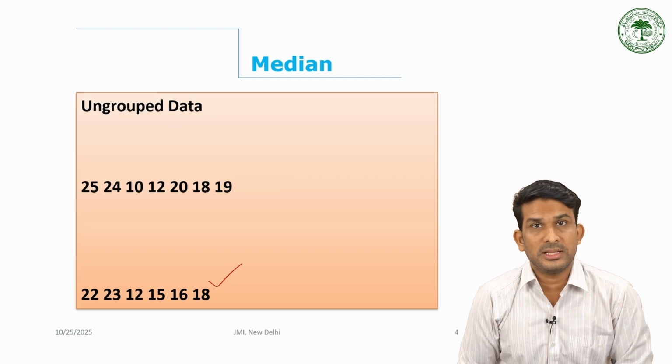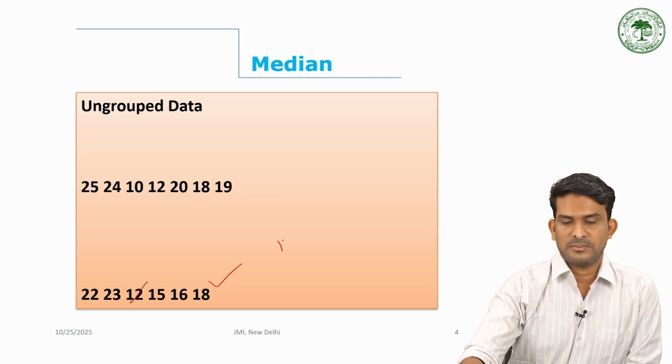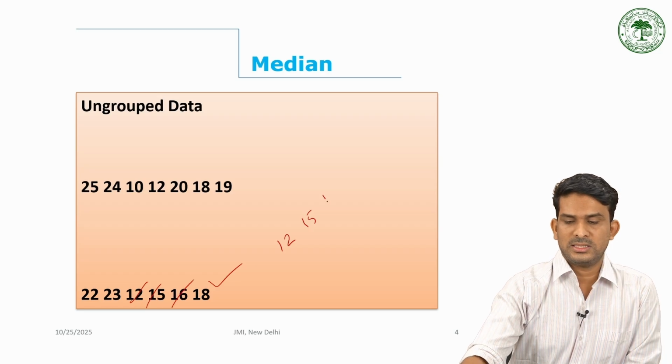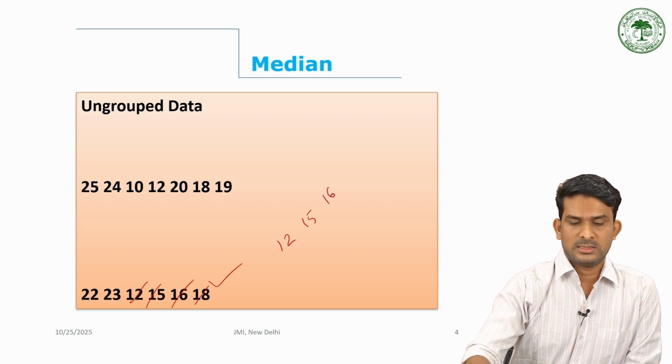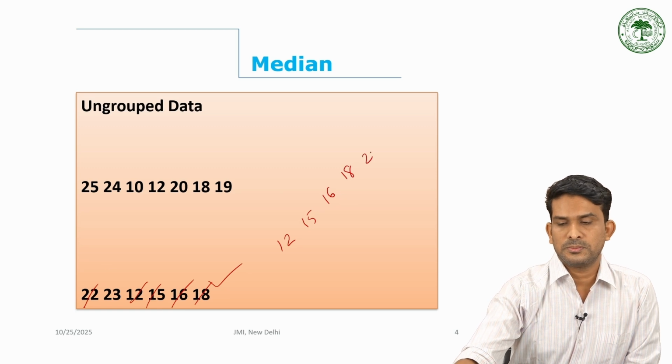I am going for ascending order. I begin with 12. What is next? 15. Second value is 15. Next is 16. Next is 18. Am I right? 22. And last is 23.